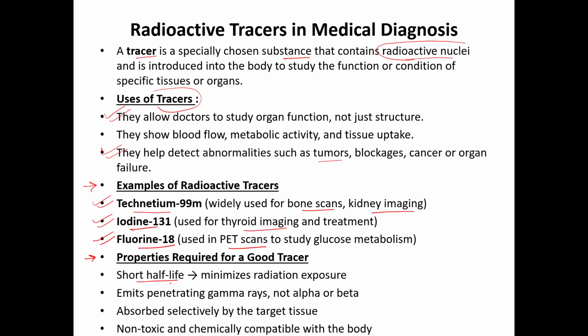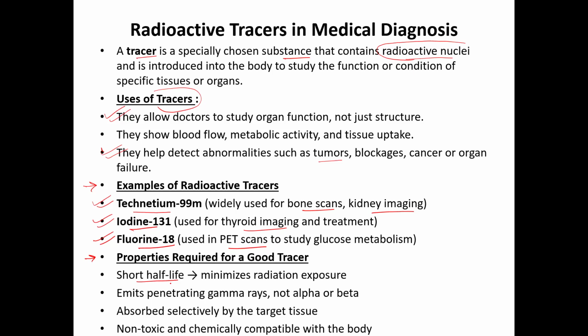So basically, a tracer is considered good if it has a short half-life. Short half-life means that in a very short time it decays and finishes. Why? Because if it remains inside the body for a very long time, it can cause damage and problems. So it should have a short half-life, which minimizes the radiation exposure. Next, it emits penetrating gamma rays, not alpha or beta.